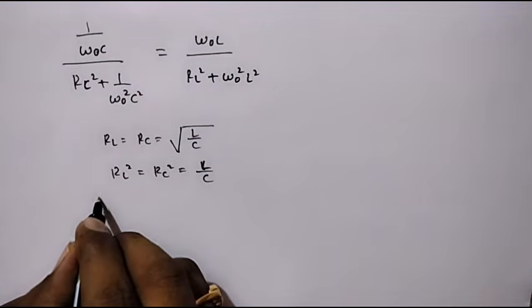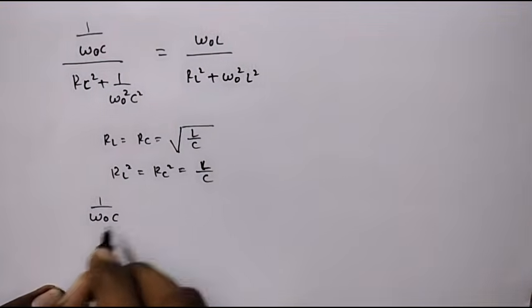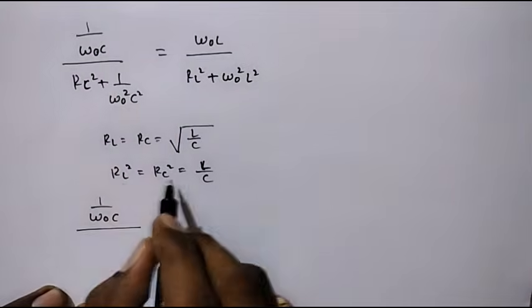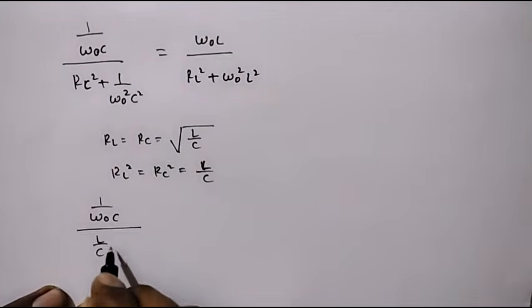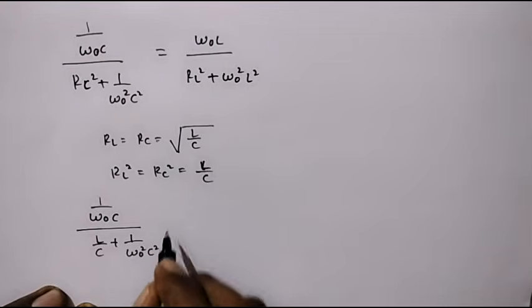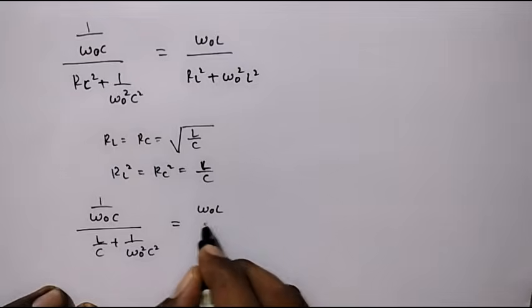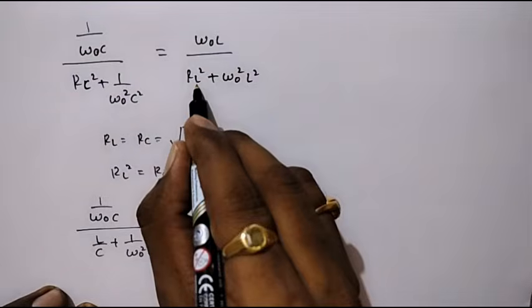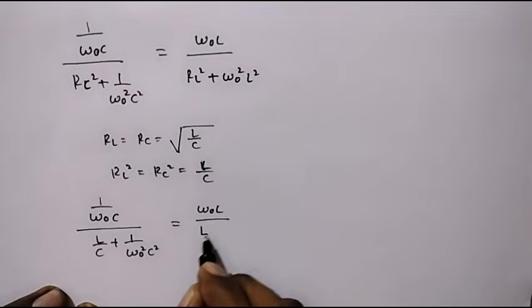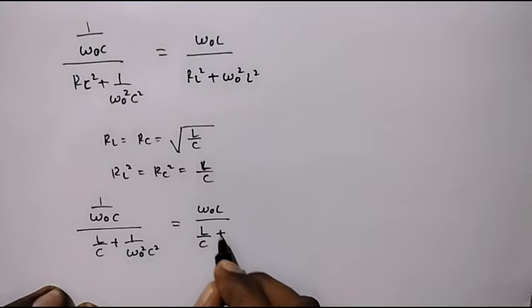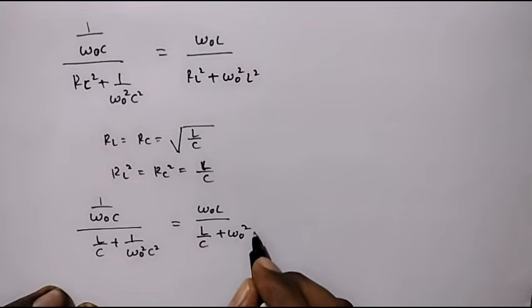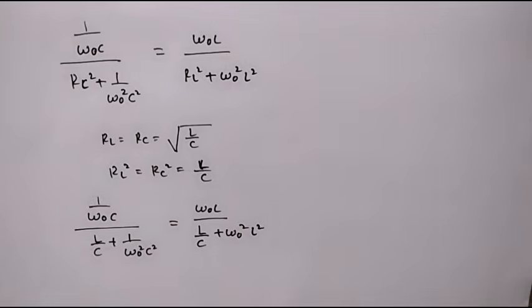That is, I can write it as 1 over omega naught C divided by (L by C plus 1 over omega naught square C square) is equal to omega naught L divided by (L by C plus omega naught square L square).